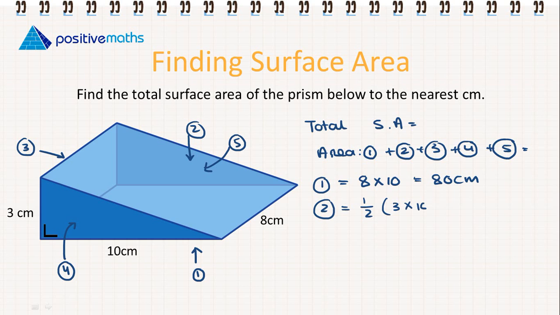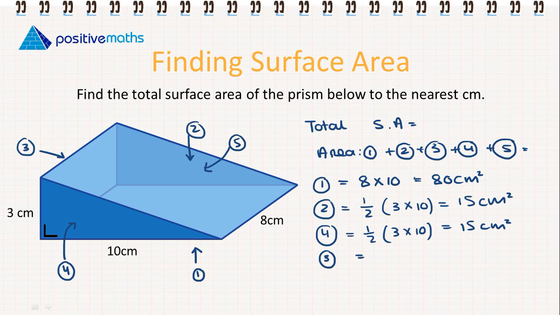So it's going to be half 3 by 10, which will give us 15 centimeters squared. Okay, at the same time, I'm going to do 4 because it's going to be the same. It's the triangle at the front. So that's also going to be equal to half 3 by 10, which will be 15 centimeters. Sorry, these are all centimeters squared for area.